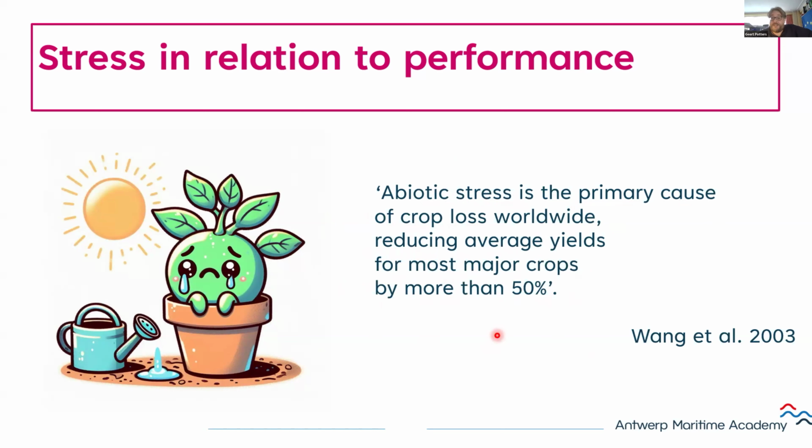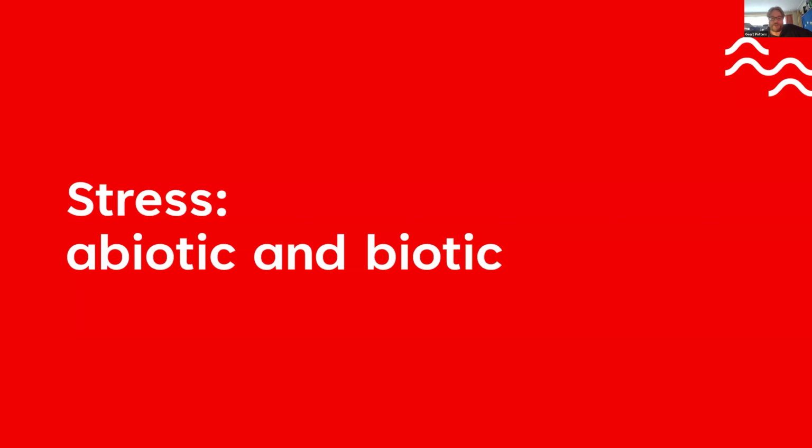So that's the basic definition that a plant physiologist uses when he talks about stress. It's something that makes my tomatoes grow less well. It's something that makes sure that I have less lettuce on my sandwich. Okay. So we did not agree with that, so we started a whole discussion.